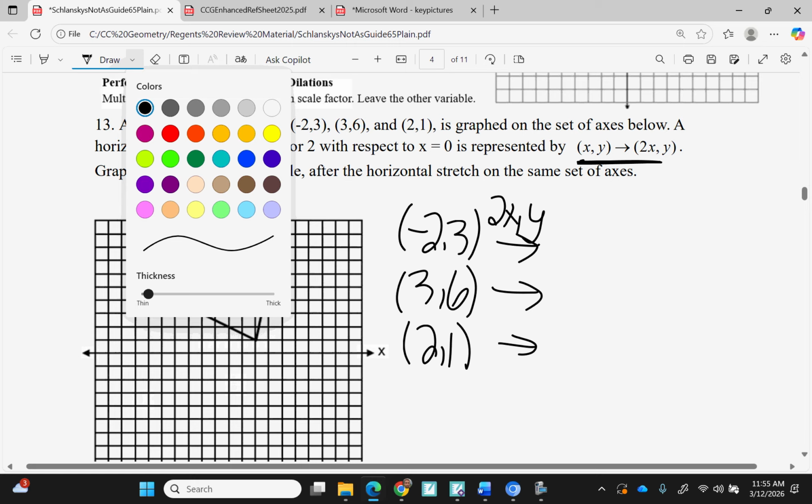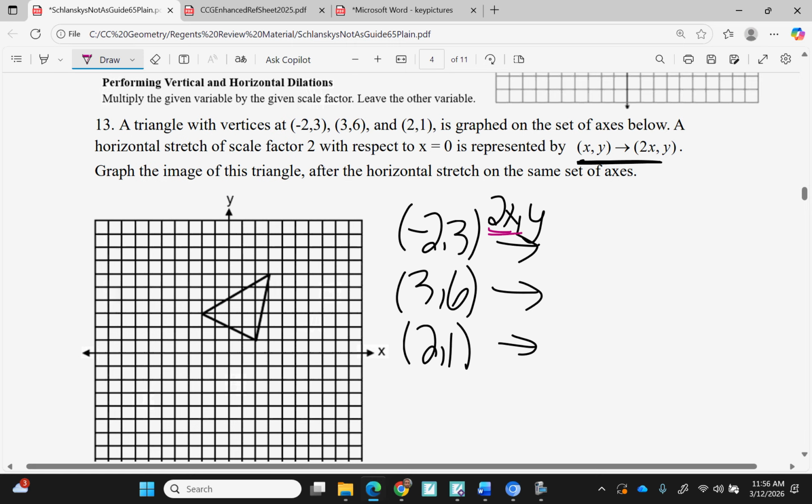Just do what it says. This is saying multiply the x by 2. So multiply the x by 2 for each point. It's saying don't do anything to the y. So don't do anything to the y for each point.